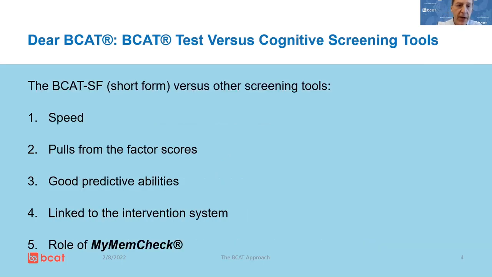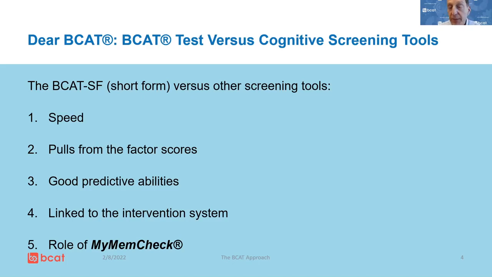So a little bit more about the differences between BCAT, MOCA, and others. I said that the BCAT's a test, it's not a screening tool, but there is in the BCAT test system, 6 different measures, a screening tool, which is the BCAT short form. So in some sense, it might make more sense to compare the BCAT short form with the MOCA rather than the BCAT, because then you're comparing apples to apples, screening tool to screening tool.